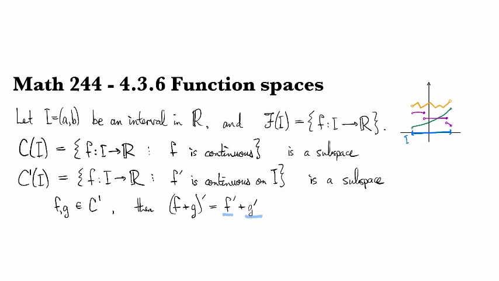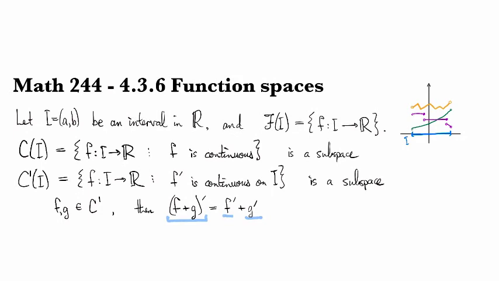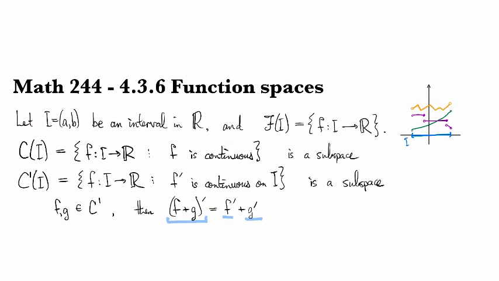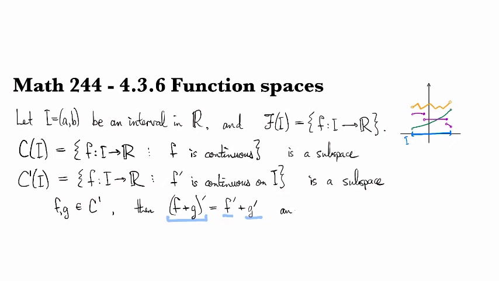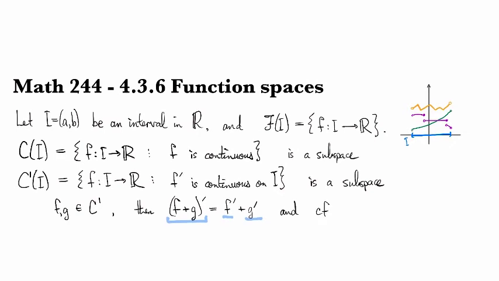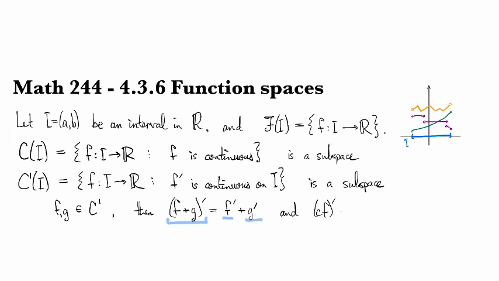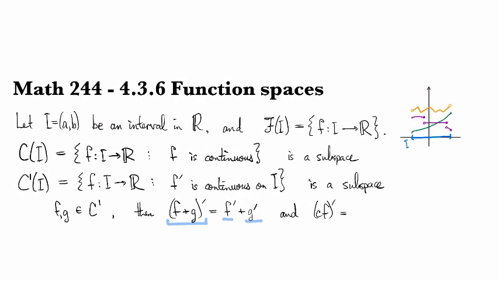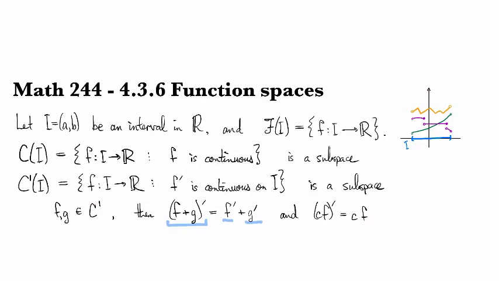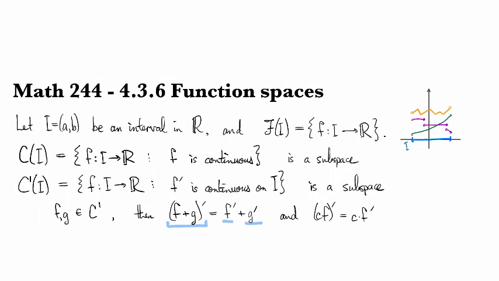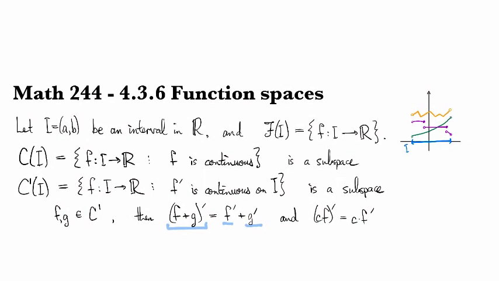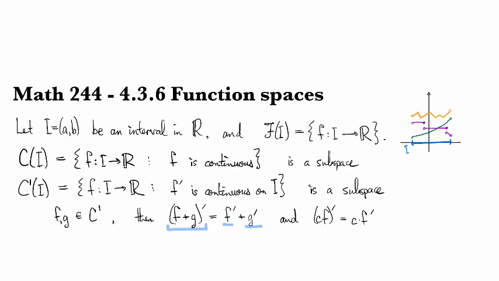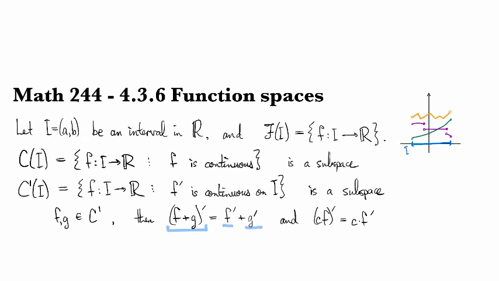Therefore, this whole thing, the derivative of the sum, must be continuous. So it's closed under addition. And similarly, we know that the derivative of a scalar multiple, well, derivatives ignore constants, so we can just pull the constant out front. And we have a scalar multiple of something that's continuous, so it's definitely continuous again. So the differentiable functions form a vector space as well.